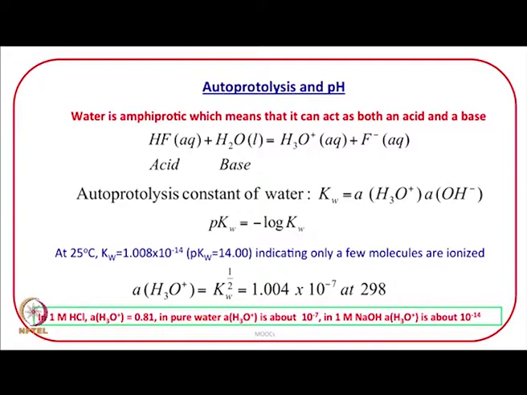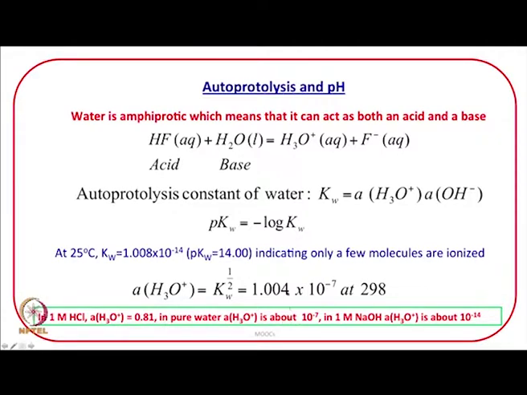And then we further discussed that for 1 molar hydrochloric acid, the activity of hydronium ion is 0.81, and this 0.81, as I was discussing, is less than 1 because you have to account for the activity coefficient.